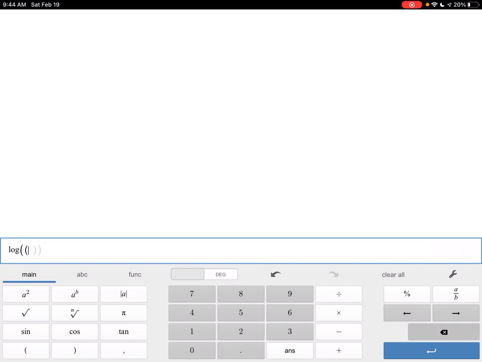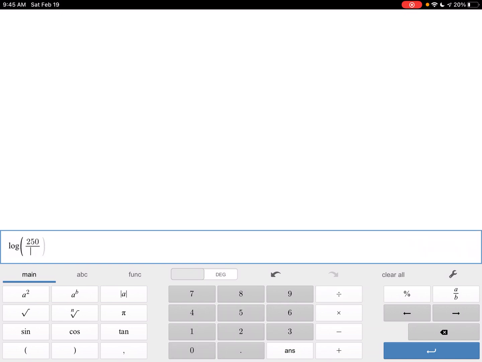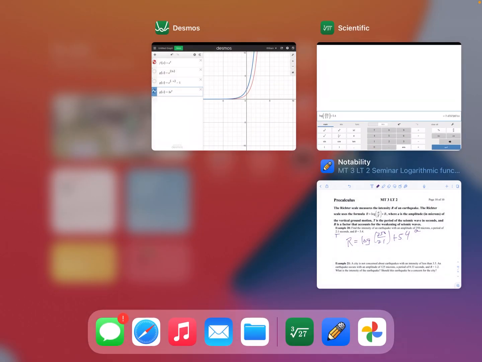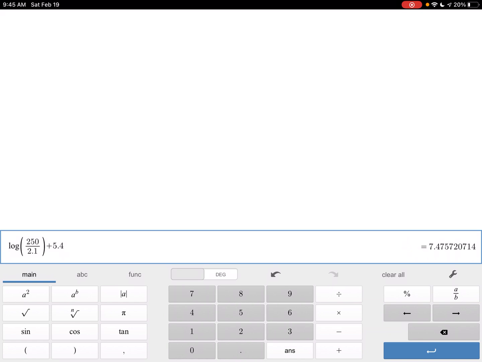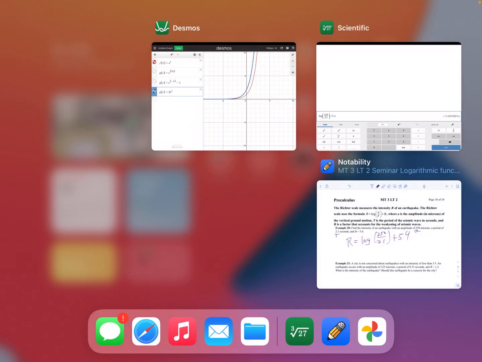Oops, got an extra set of parentheses. 250 divided by 2.1 plus 5.4. Let's make sure I put the right numbers in. Yep, I did. So this Richter scale would be 7.48.